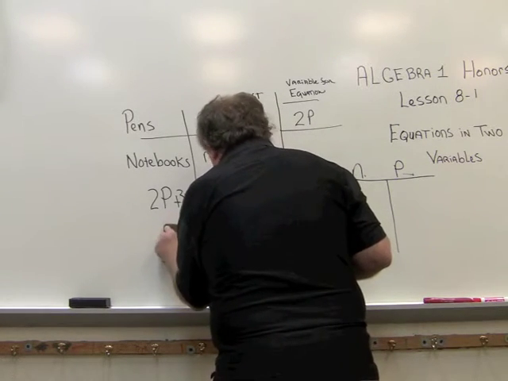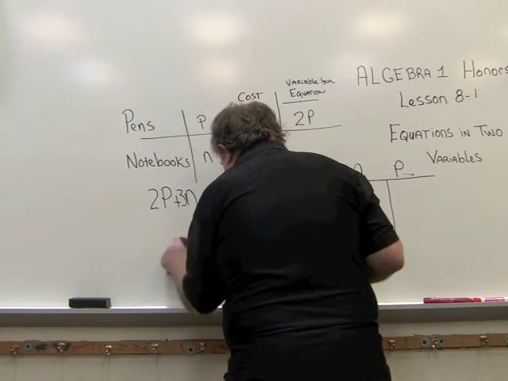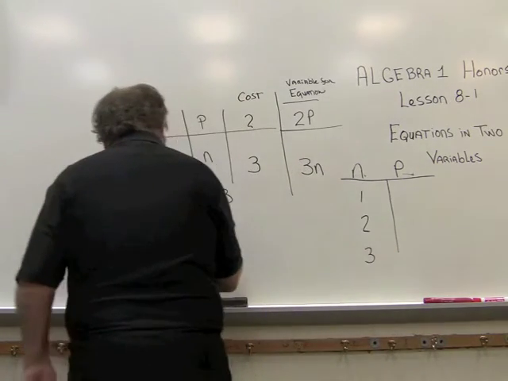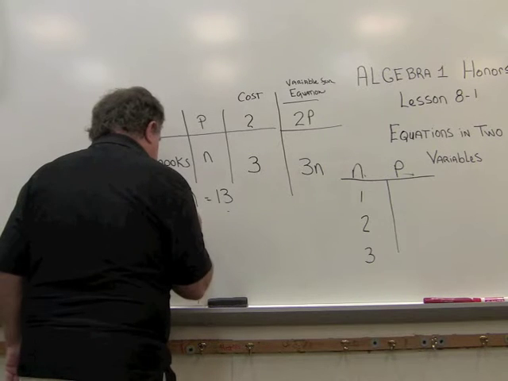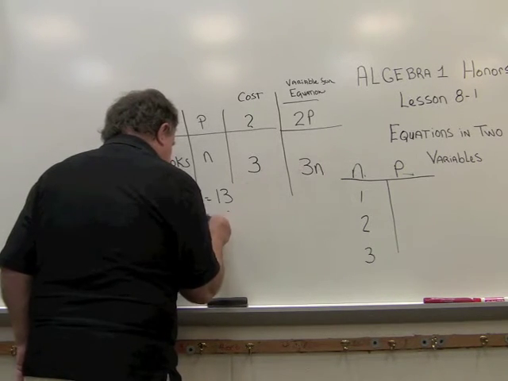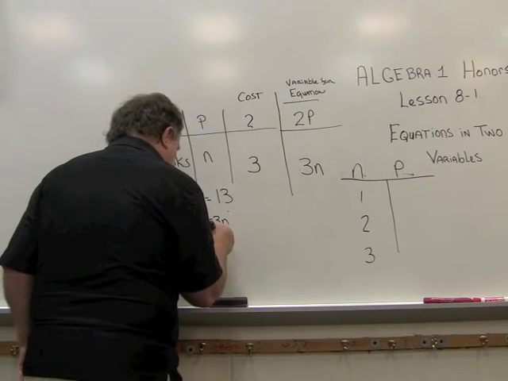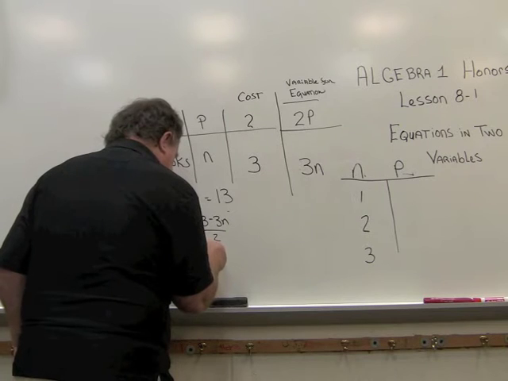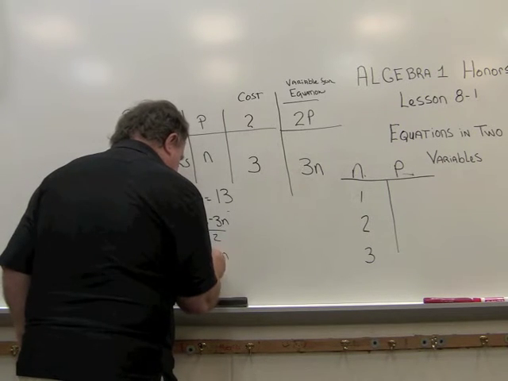I want a variable of p, not n. So what I'm going to do is send n over. I'm going to have 2p equals 13 minus 3n, and divide everything by 2. And we have p equals 13 minus 3n over 2.